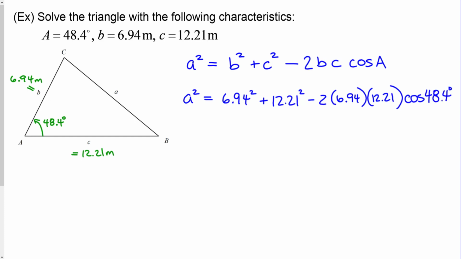I'm just about out of space, but I made it. Okay, now I'm going to get the calculator out and first solve for what a squared is.